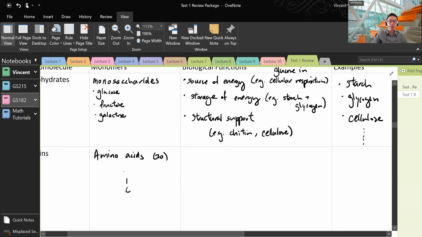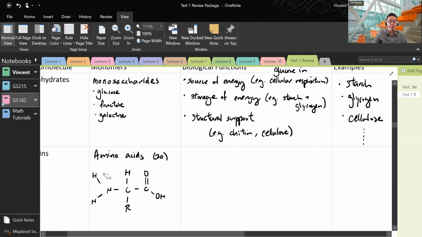It's probably a good idea to recognize what an amino acid looks like. You're not going to have to draw it, but you should recognize it. If I show you a bunch of pictures and I ask you which of the following is the general shape of an amino acid, you should be able to tell me that it is this guy.